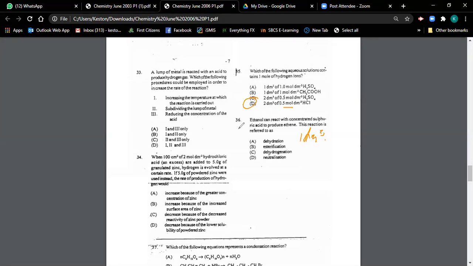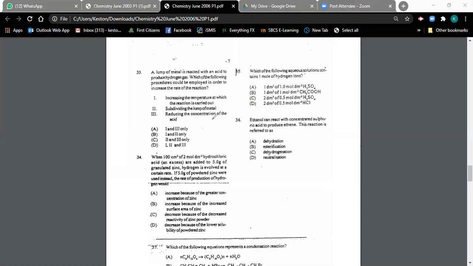24. Ethanol can react with concentrated sulfuric acid to produce ethene. The reaction is referred to as. Yes. Right?